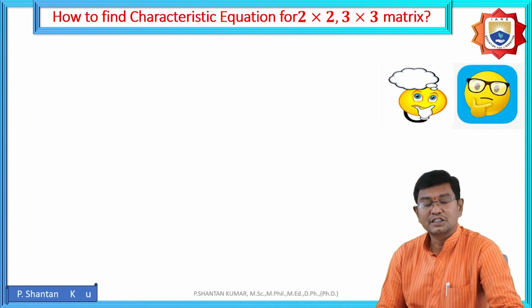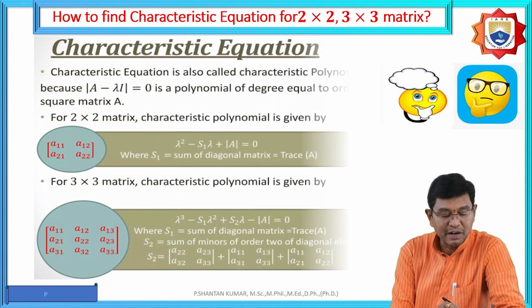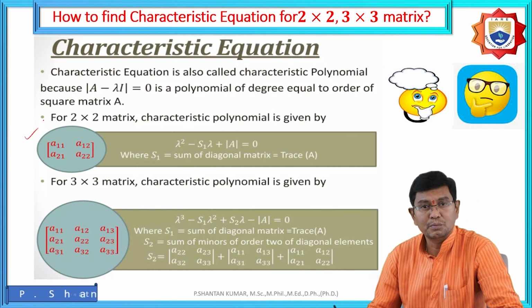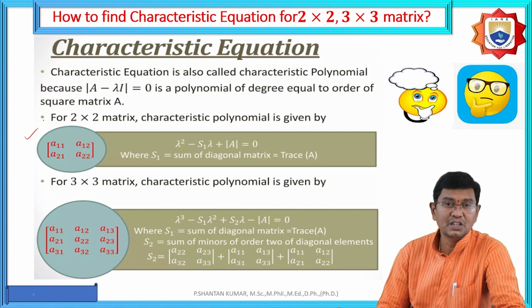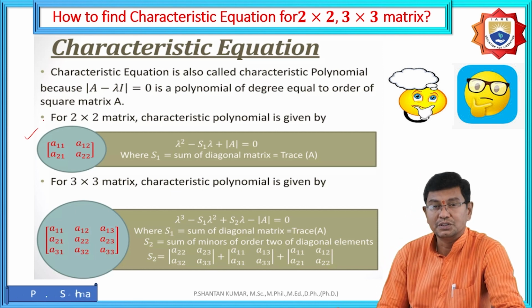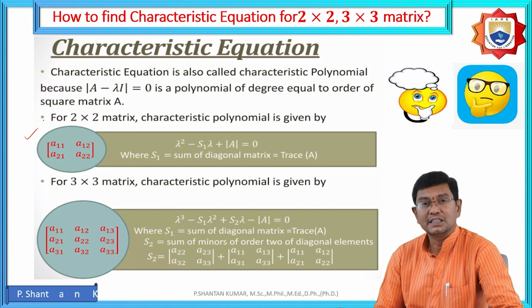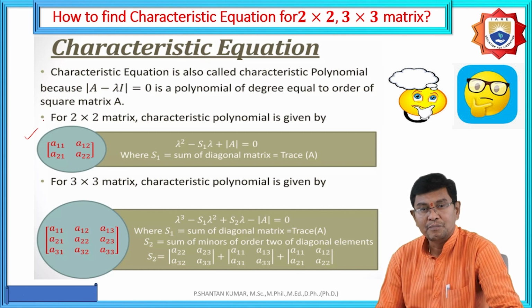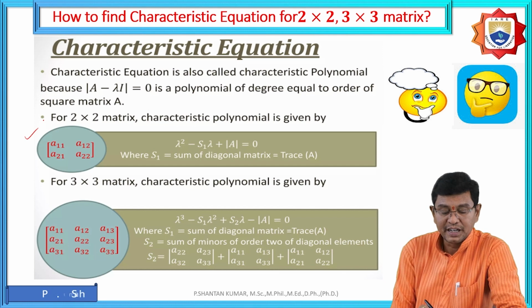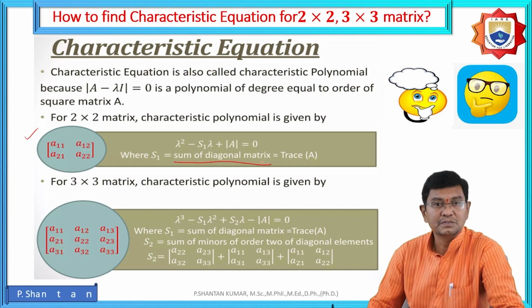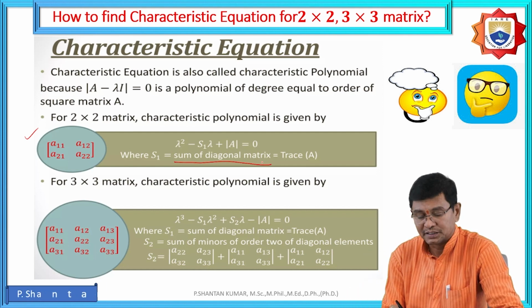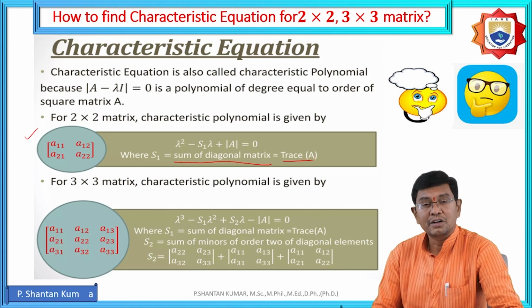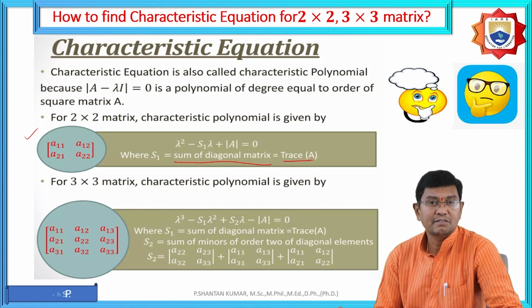For a 2 by 2 matrix, according to the definition, the determinant of A minus lambda I is equal to 0 gives lambda squared minus S1 lambda plus S2 is equal to 0, where S1 is the sum of the diagonal elements, which is also the trace of the matrix.